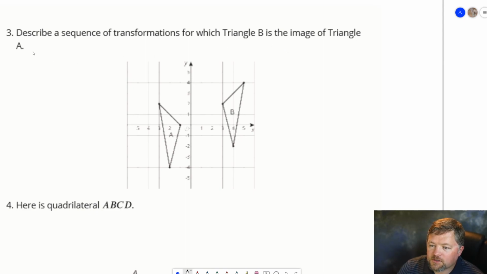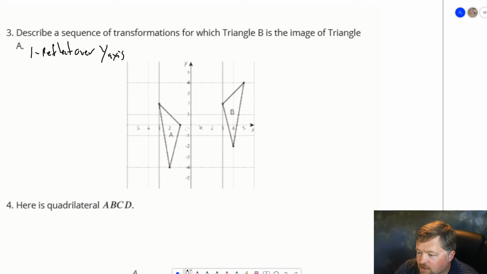So first, reflect it over the y-axis. That puts us here.